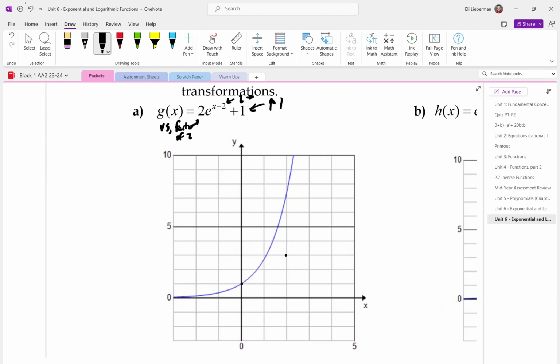Then I moved that to the right 2. Then the final point, I said 2.7 and multiplied it by 2 to get 5.4, and then I put that over 2 to the right, and then up 1.